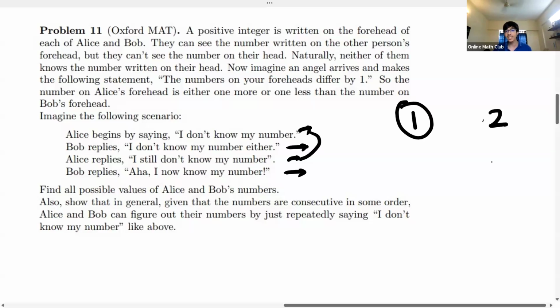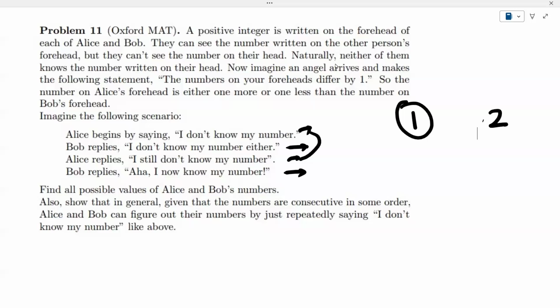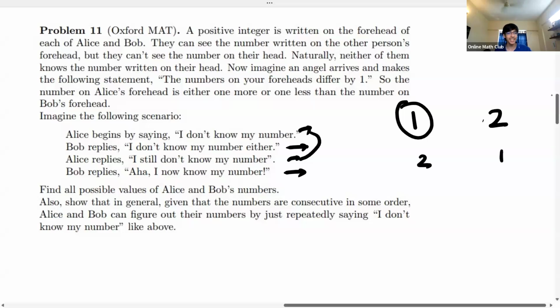So if Bob saw one written on Alice's head, Bob would just say, I know my number. But later on, they said that they know the number. So Bob's number will be 1. If Bob's number was one, then Alice's number is supposed to be two. So Alice in the first round itself would have said, I know my number. It's two.